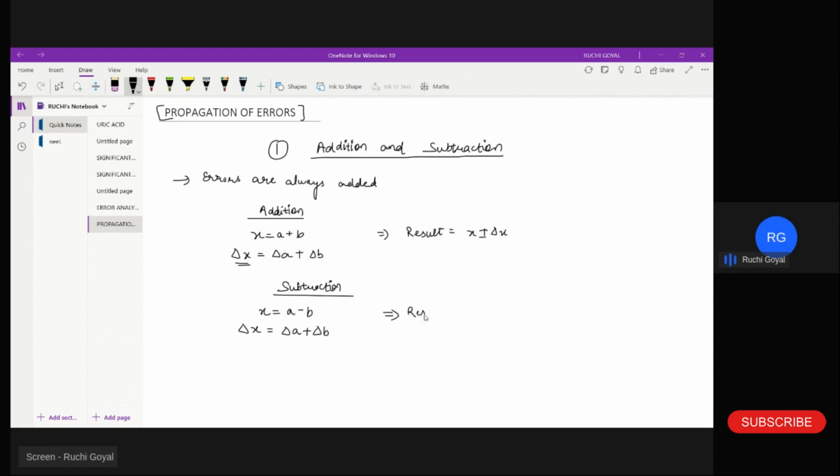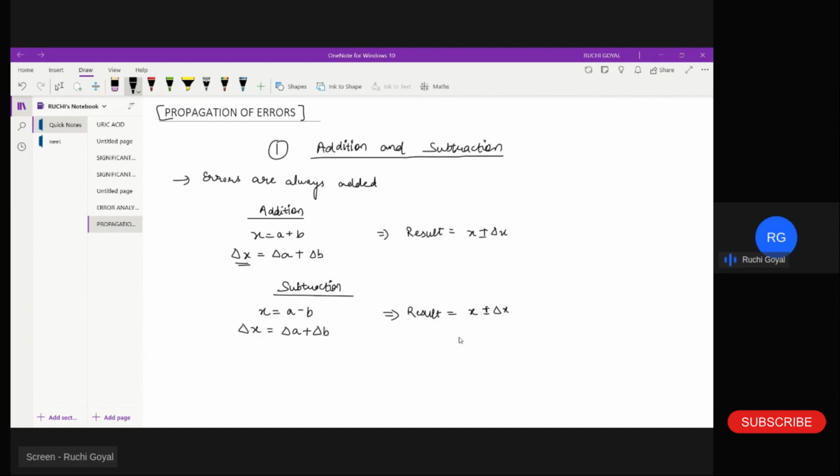So what will be the result here? The result will be x plus minus delta x, right? So have you understood addition and subtraction here?